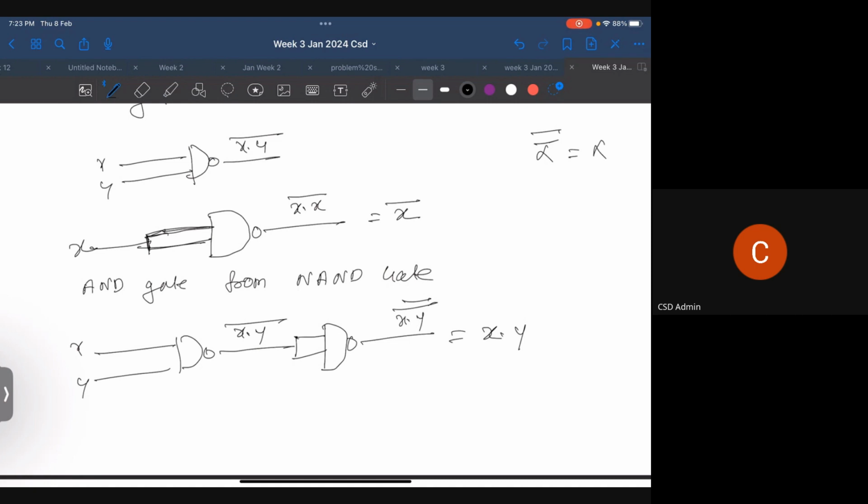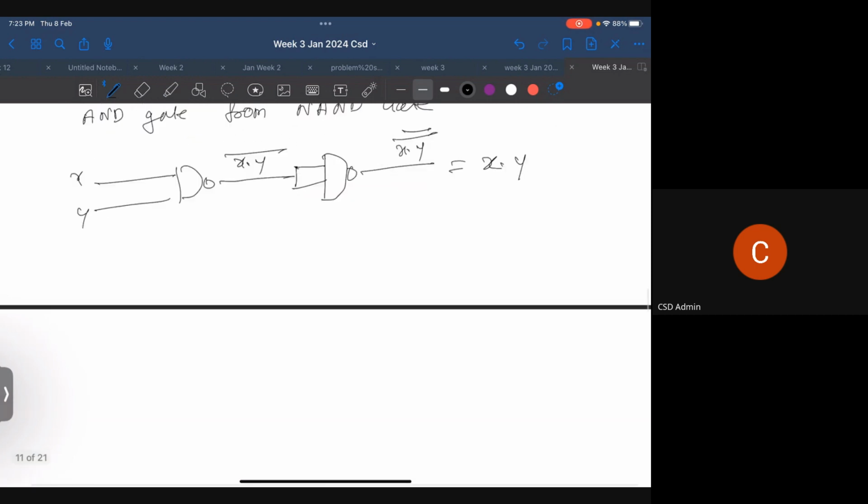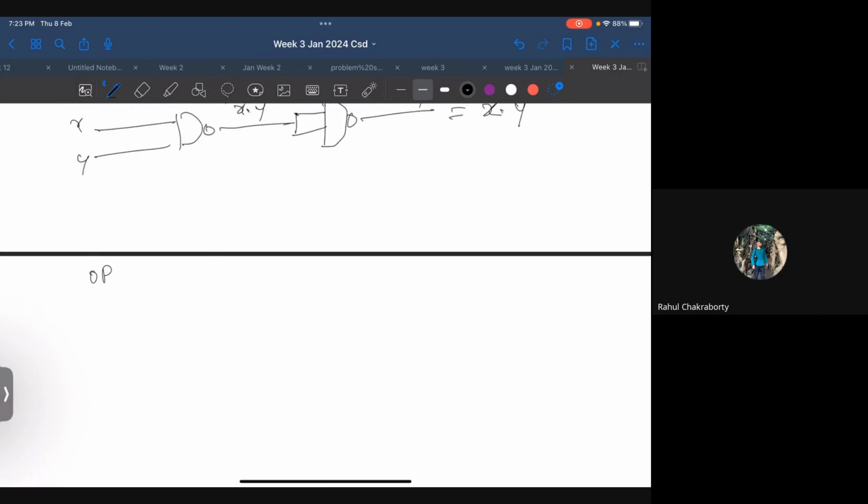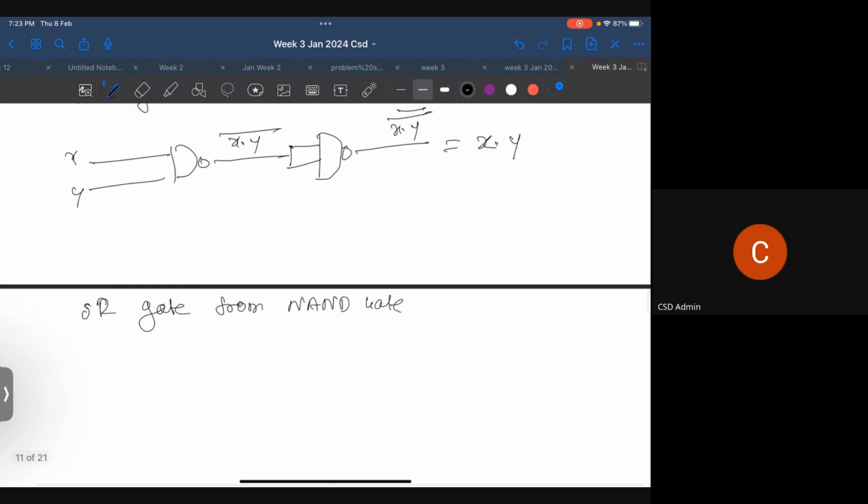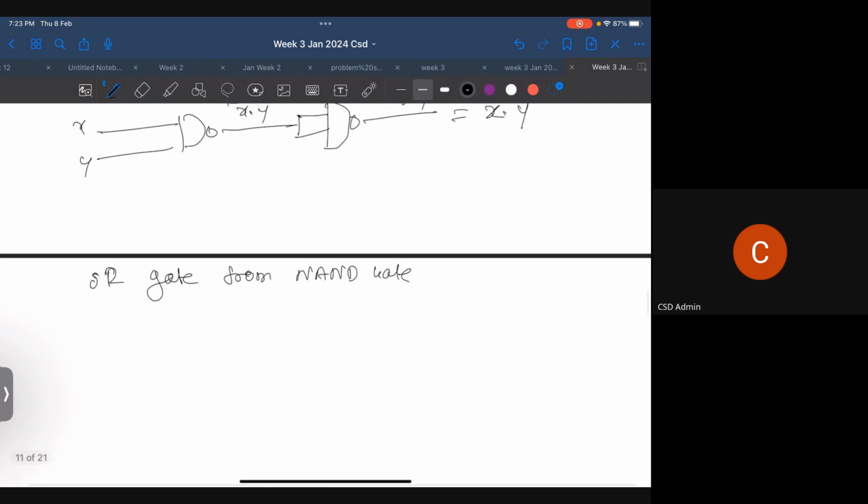Okay, then we'll derive the OR gate from NAND gates. So how to derive the OR gate from the NAND gate?